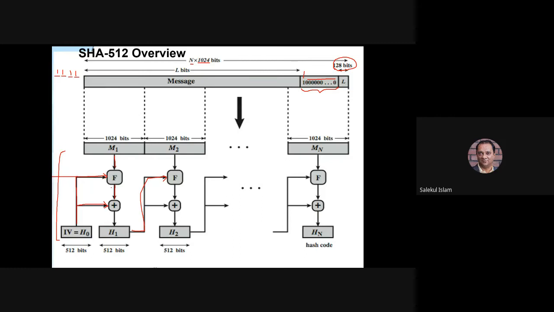So for this f function, how many inputs do we have? Sir, two. Two. One input is IV and the length of IV is 512. And what about the other input? What is the length of the other input? 1024. 1024. So we have two types of input.